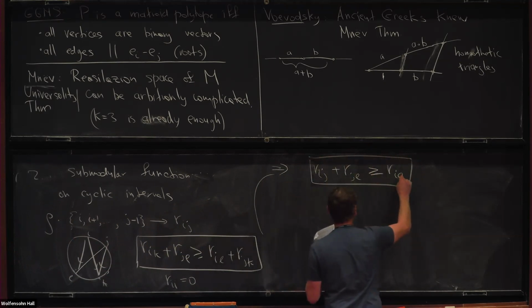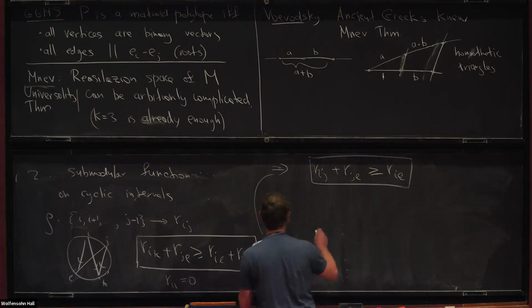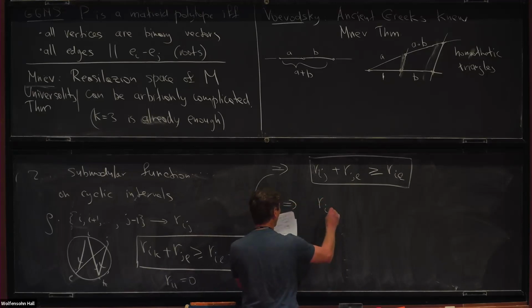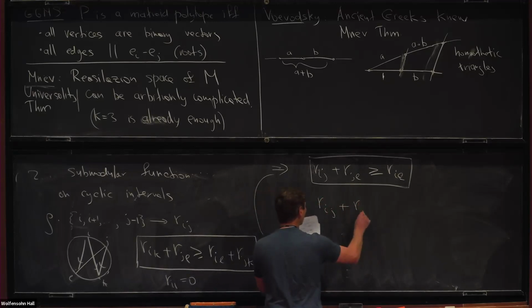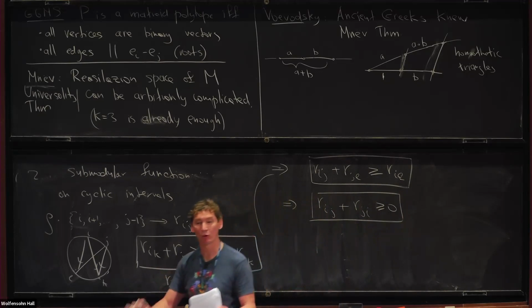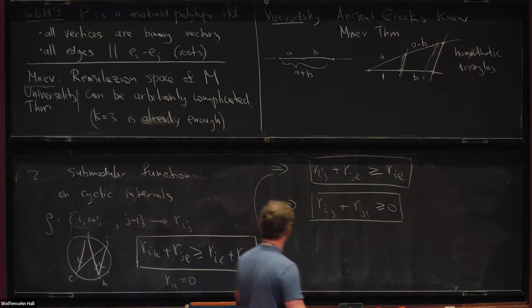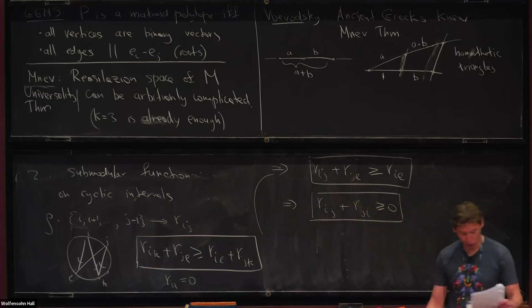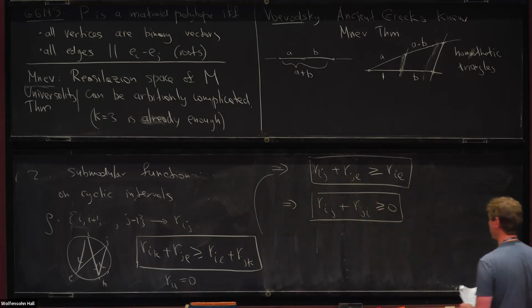If we specialize even further, we get an even more trivial inequality, r_ij plus r_ji is greater than or equal to 0. Notice I do allow ranks to be negative. That's going to be important for us. But the sum of these two opposite ranks should be non-negative.